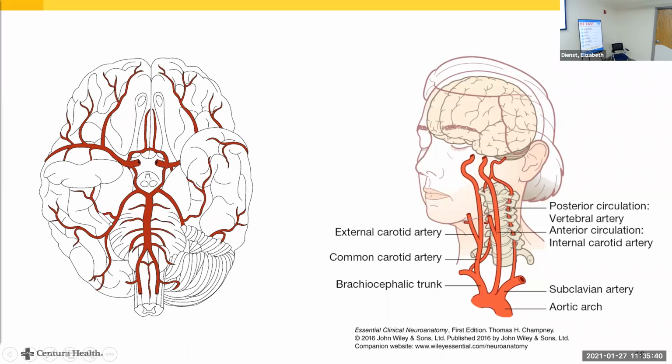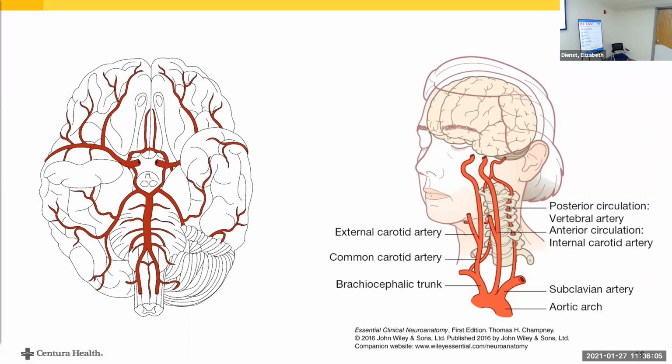And we'll talk about BE-FAST and the signs and symptoms of the anterior and the posterior because they do present differently. And your posterior, you do have your PCAs and your basilar artery there. And we will talk about those, but I just wanted you to know we call these PCAs. So we have MCAs, ACAs, and PCAs. So that's really the big thing in your carotids and your vertebrals.